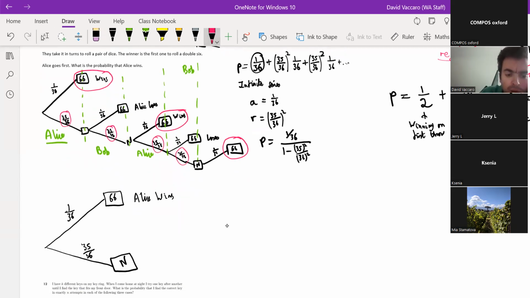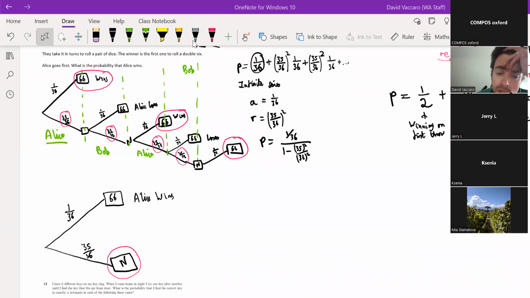Can anyone describe in the chat what has happened at this point? There's 2 things that have happened. So it's like the regeneration tree, in that the game has begun again, but this one is slightly more complicated.